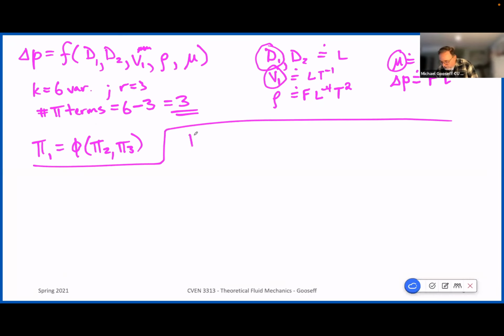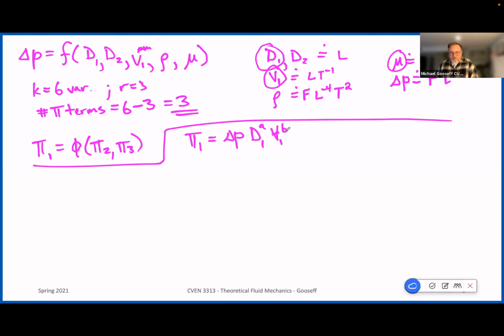So pi 1, we can start with, generally on that left-hand side, remember, we're trying to predict delta P as a function of these other things. So we typically like to put that thing that we're looking for on the left-hand side. And so pi 1 would be some delta P, and then our repeating terms, D1 to the A power, V1 to the B power.